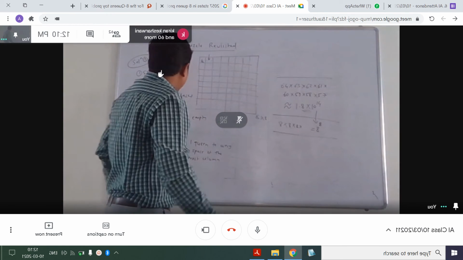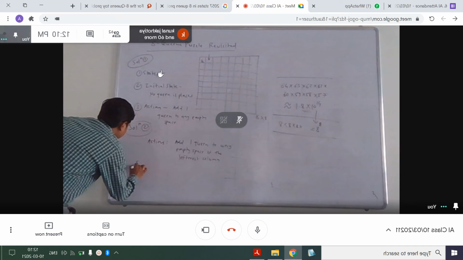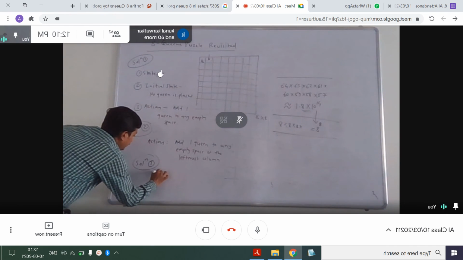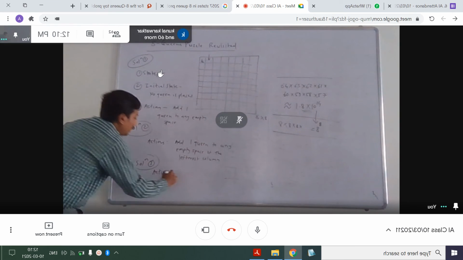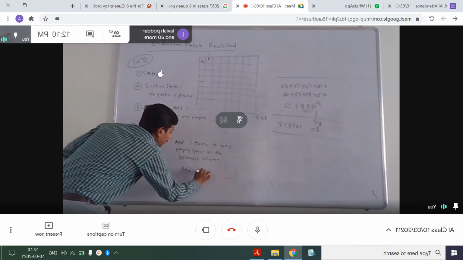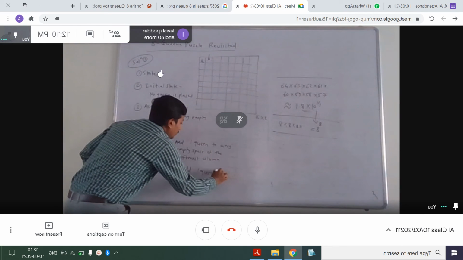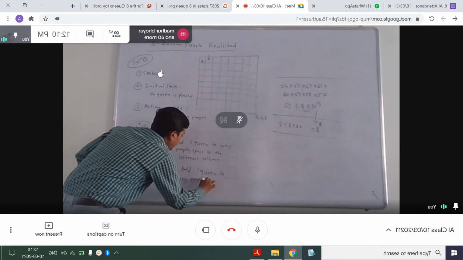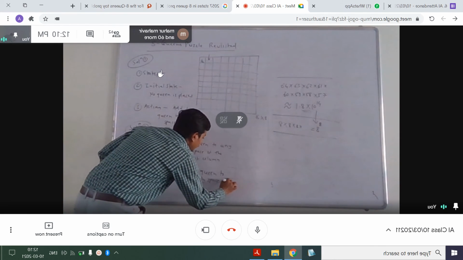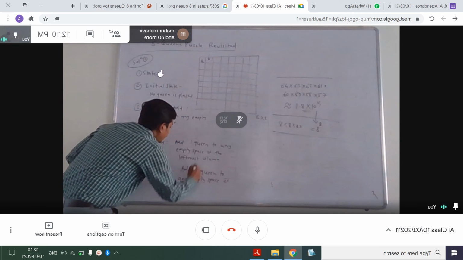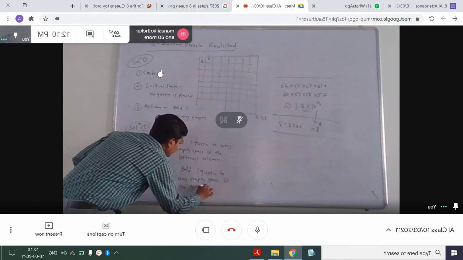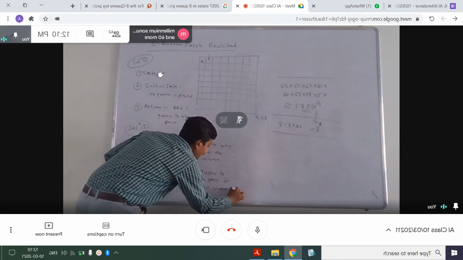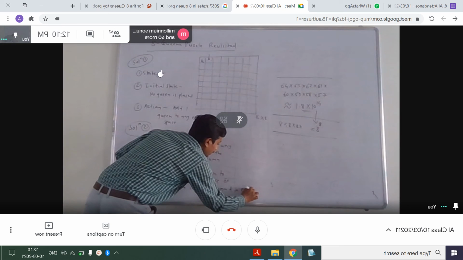Okay, now third solution. Now I will modify my action. Add one queen to any empty space of the leftmost column and in an empty row.